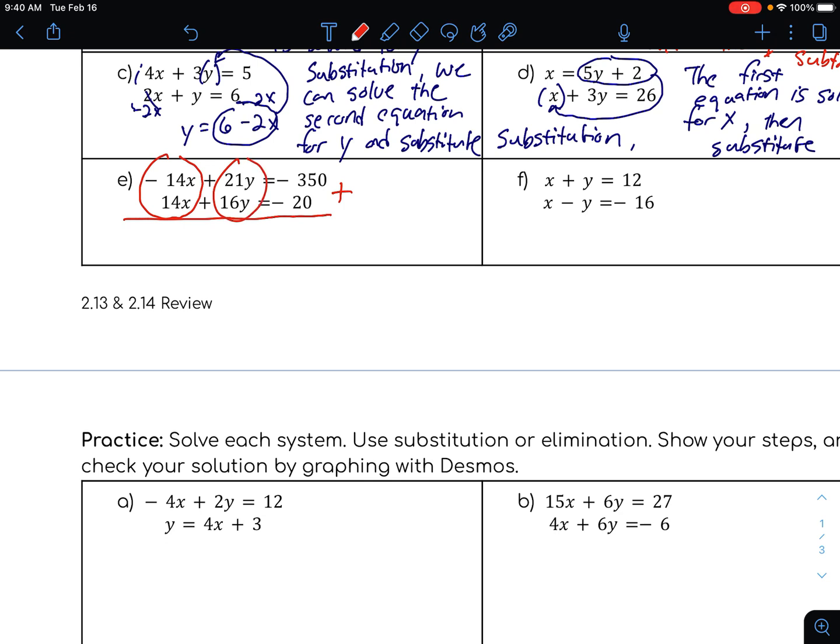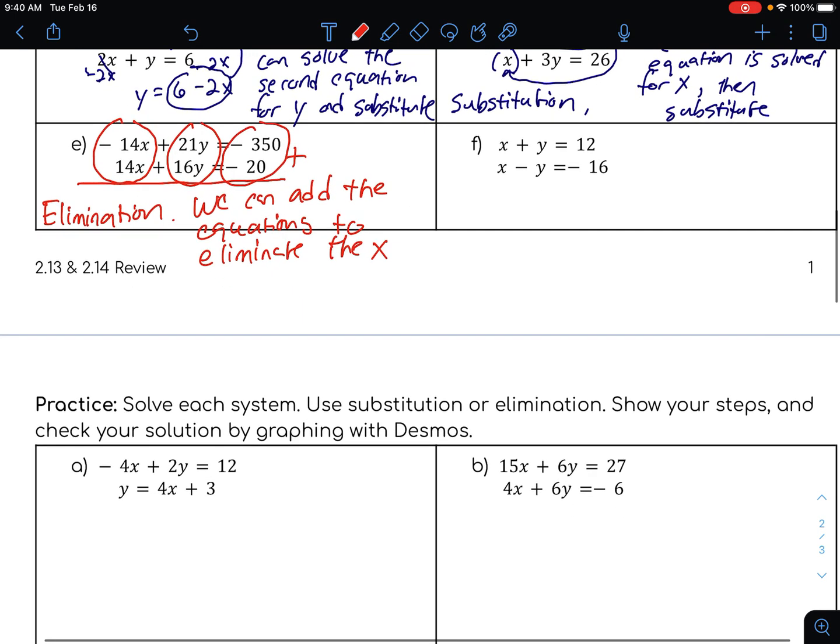The y values added would end up being, what, 37y, and then we could add these together to get negative 370, so we could solve that. But in this case, elimination then. We can add the equations to eliminate the x, and then solve for the other variable.